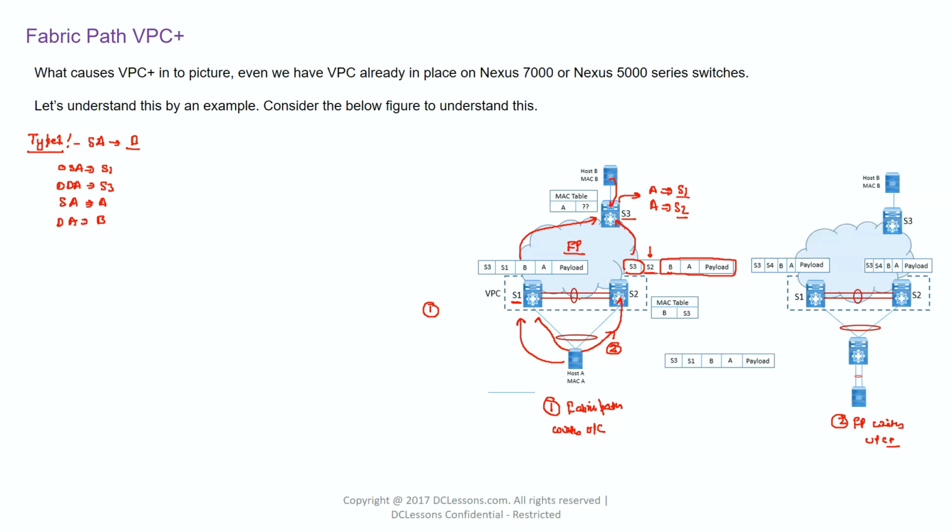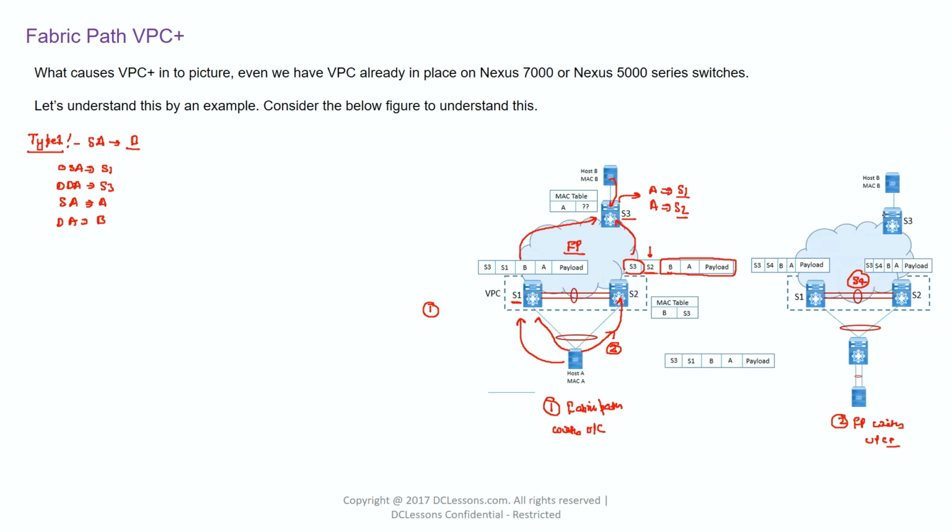This problem can be resolved by configuring VPC+. In VPC+, we configure another virtual switch ID under the VPC domain. Let's suppose I configured the virtual switch ID of these two as switch 4. Now switch 1 and switch 2 will be treated as switch 4, so for switch 3, switch 1 and switch 2 will be seen as a single switch.